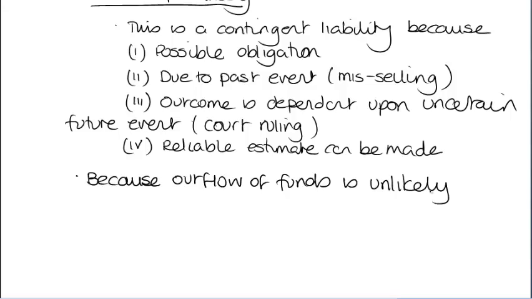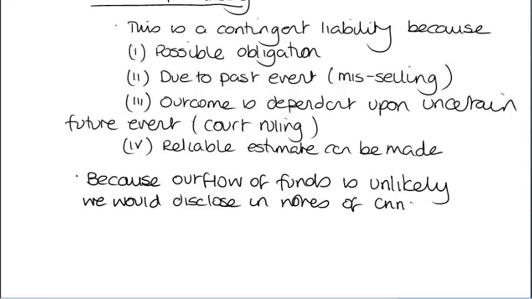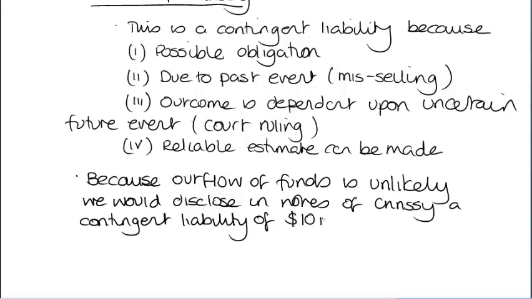I think the wording is a little bit messy, but because an outflow of funds is unlikely, we would disclose in the notes of Chrissy a contingent liability of 10 million.